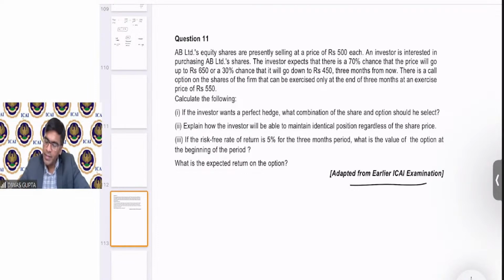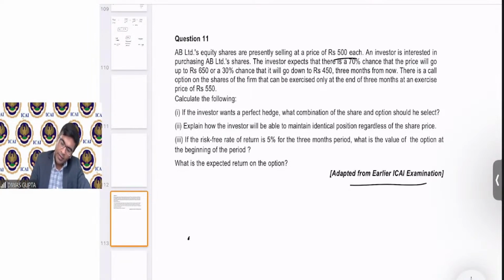The investor expects that there is a 70% chance that the price will go up to rupees 650 or a 30% chance that it will go down to 450 3 months from now.